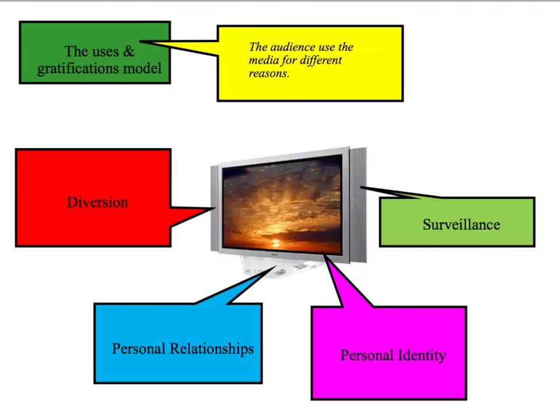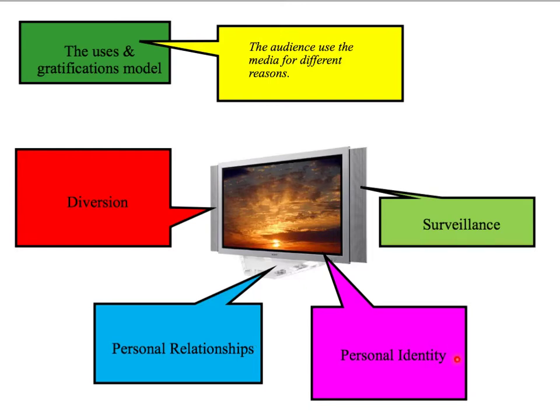For example, Blumler and McQuail identify four basic needs which people use the media in order to satisfy. So firstly, we've got diversion. So people will sometimes use the media as a form of escape or release. Secondly, we've got personal relationships. So people will form attachments to TV characters or personalities.